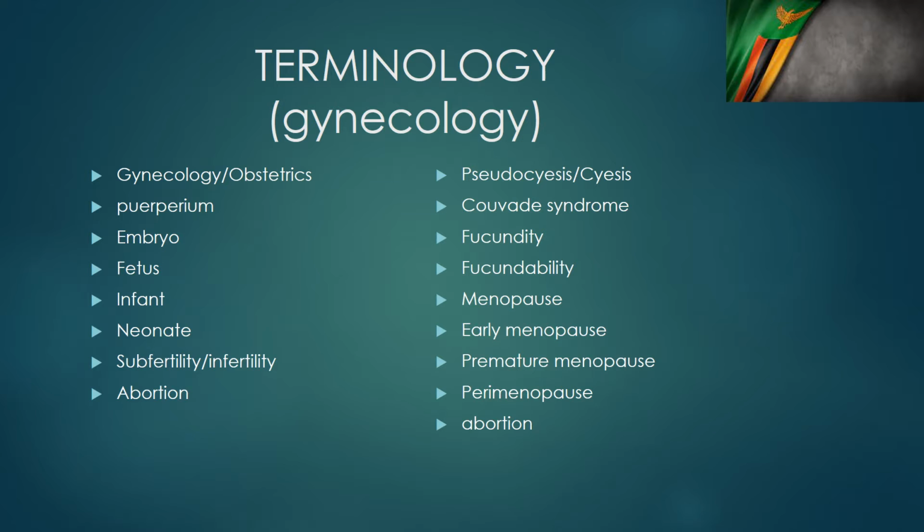Early menopause is when a woman has her last menstrual period before the age of 45. We say a woman has a premature menopause when she has menopause before the age of 40. The perimenopause is that period when the woman is going into menopause, which is the menopausal transition. So it's that period from about 35 years to about 50 years.